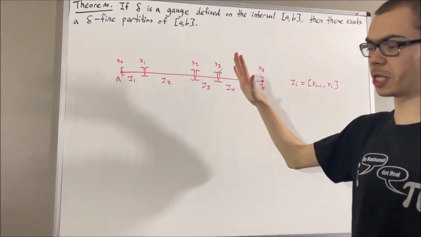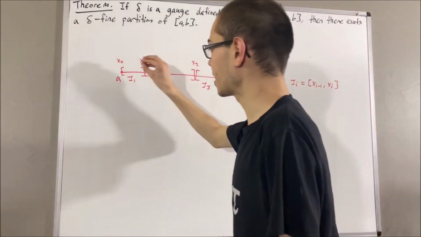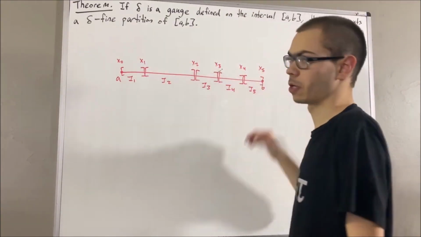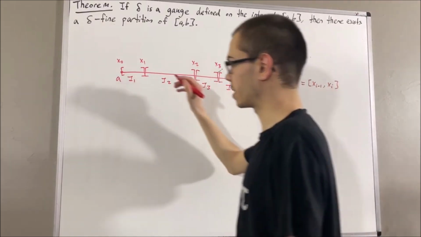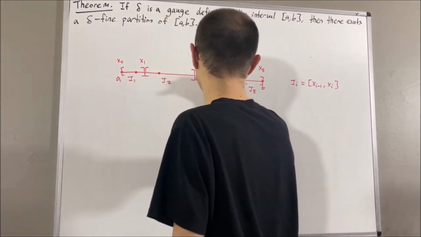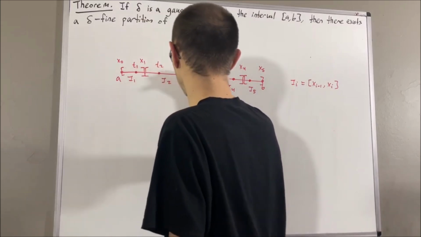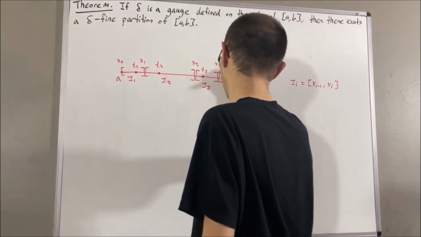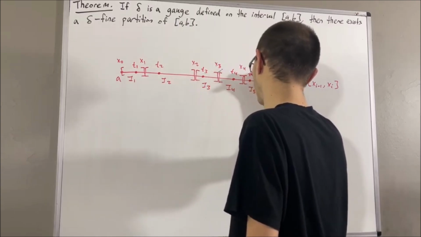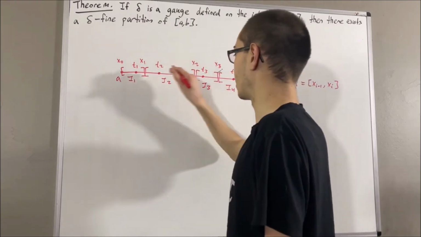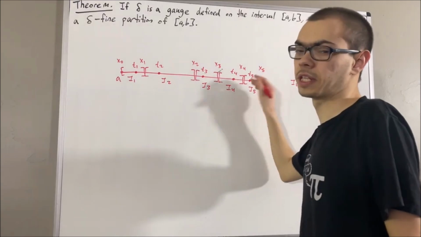A tagged partition is when we select a point from each of these subintervals. And let's say the points that we select are these. And I'll label these points T1, T2, and so on. These points that we select are often called tags.